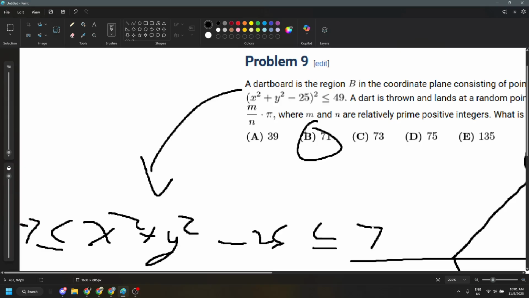Let's check if that's correct. Sorry, I had to find the correct question.